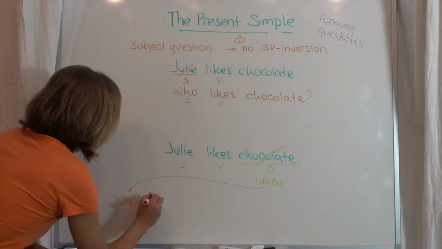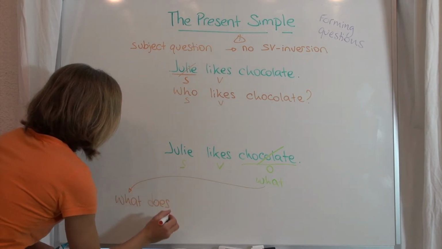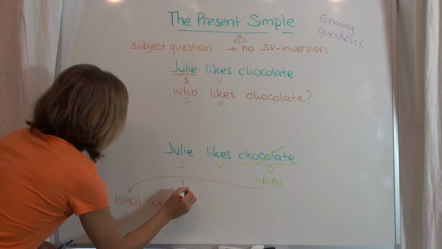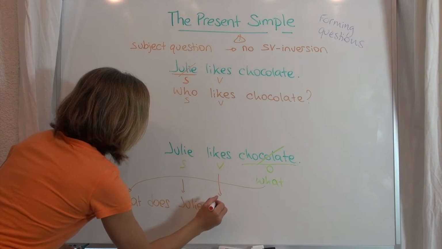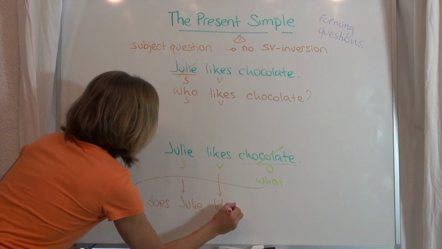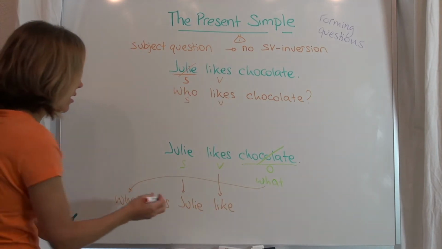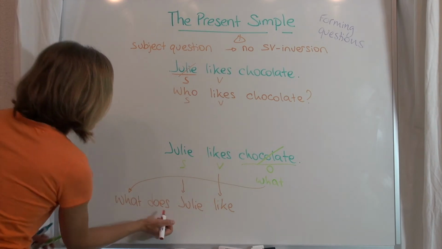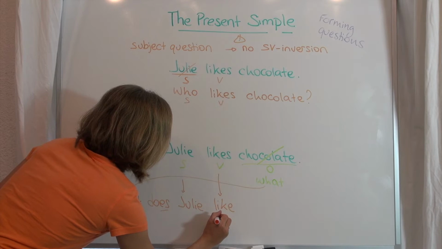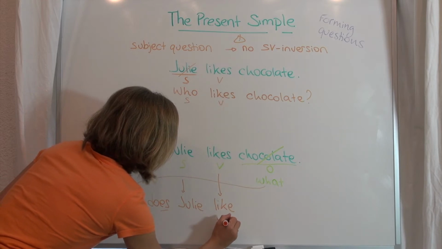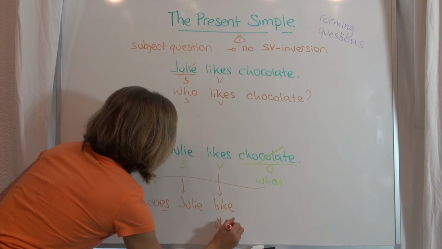What? Does. Then we have Julie. And the verb like. It's like, not likes, parce que le S est déjà ici. Souvenez-vous, là c'est l'infinitif. C'est le verbe in the infinitive.